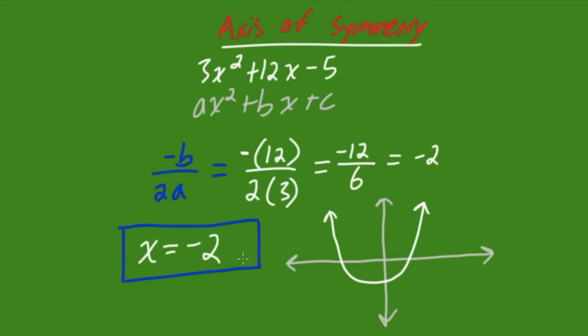So x is equal to minus 2, so minus 1 is about here, and minus 2 is about here. So if we draw in a dotted line for x equals minus 2, it will give us something like this, which is our axis of symmetry because this graph is symmetrical on both sides, or at least it's close. If you draw it a bit better, it should probably be a bit more like that. So that's why we write x is equal to minus 2.